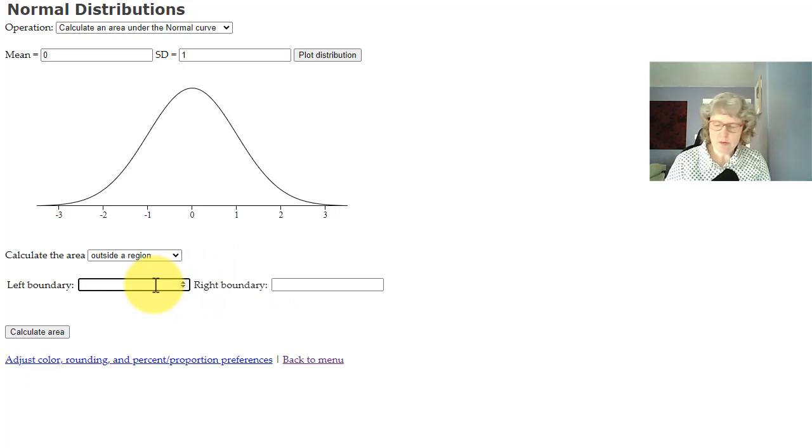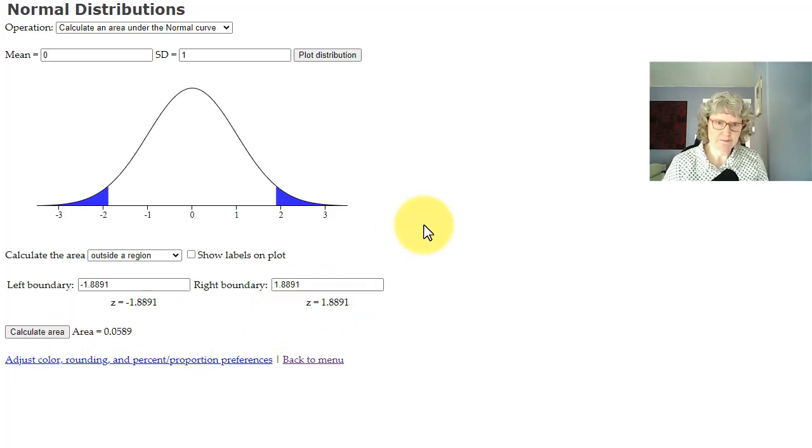So for this one, our z-score was negative, so I'm going to put the negative 1.8891 in the left boundary. And then it is symmetric, so I'm going to put 1.8891 in the right boundary. And now it shows me both tails on the graph, okay?